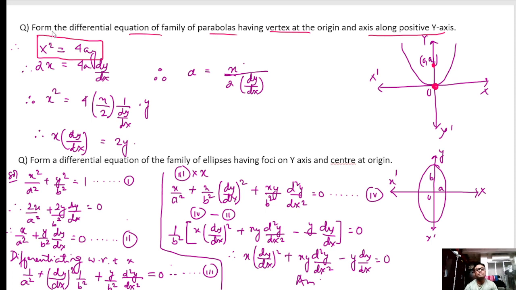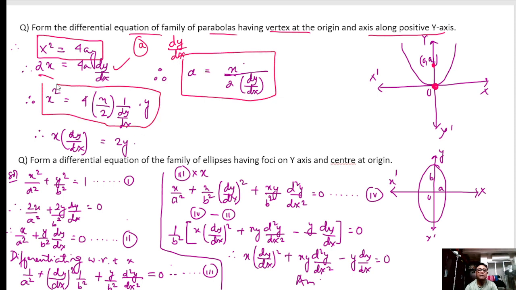Here only one constant is there, a, so we have to differentiate only one time. So 2x, and this is 4a dy by dx. We separate the a, replace it back in the equation and simplify it. This is our equation.